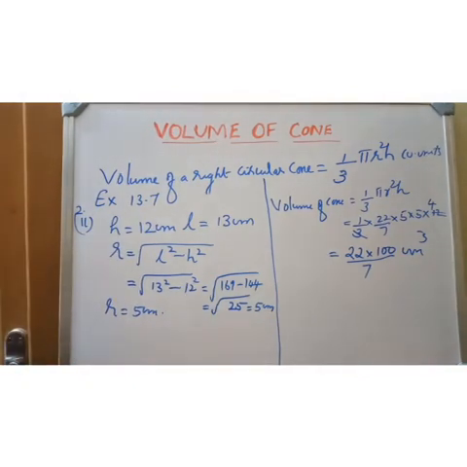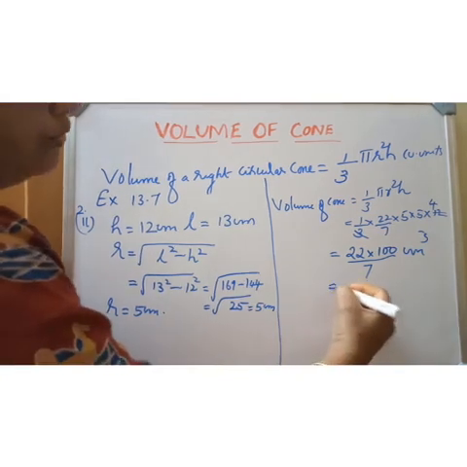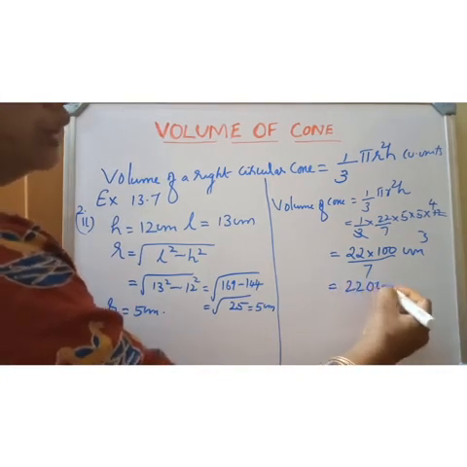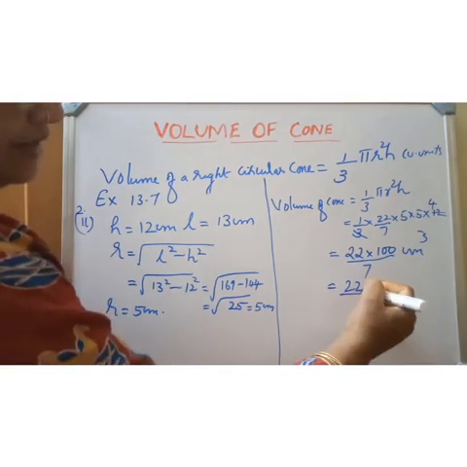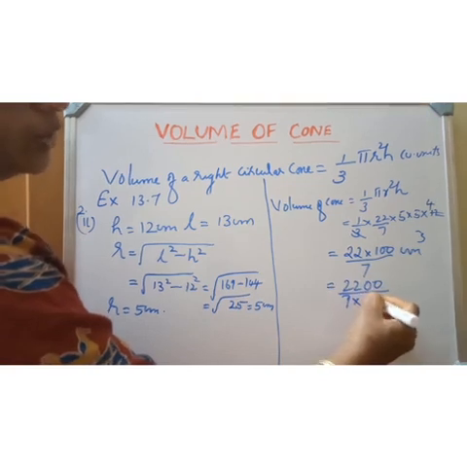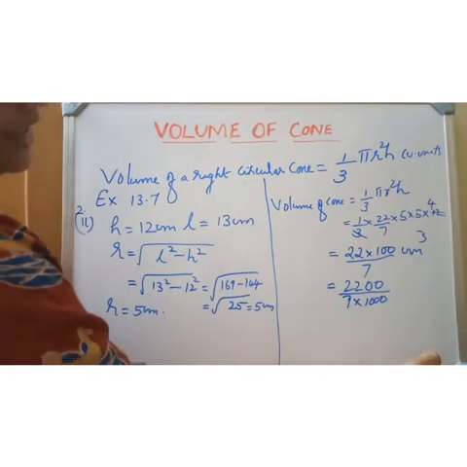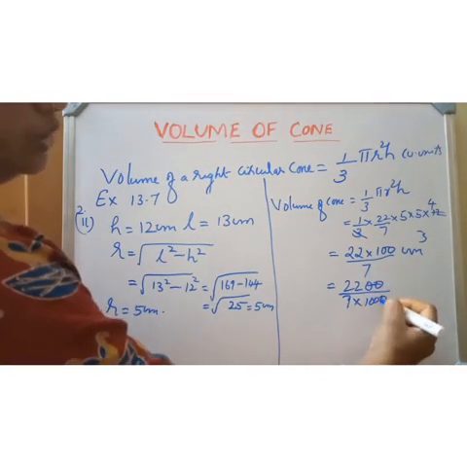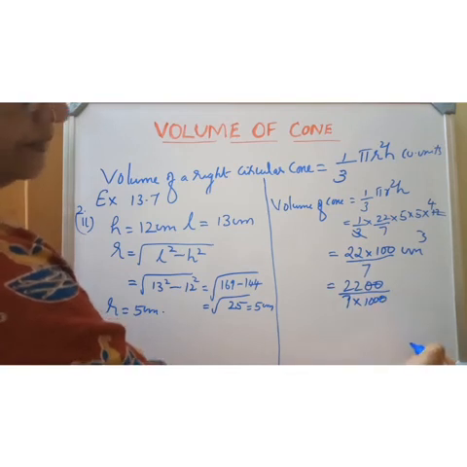So converting centimeter cube into liters, what we have to do? Divided by 1000. So we will get 2200 divided by 7 whole divided by 1000. That will be 7 into 1000 in the denominator. This much liters. 20 and 20 get cancelled.